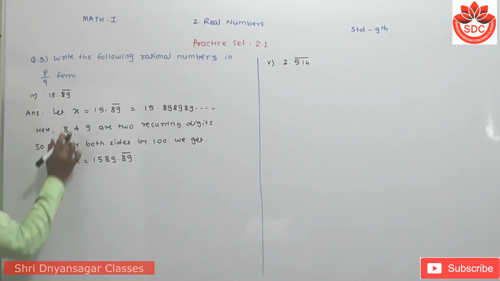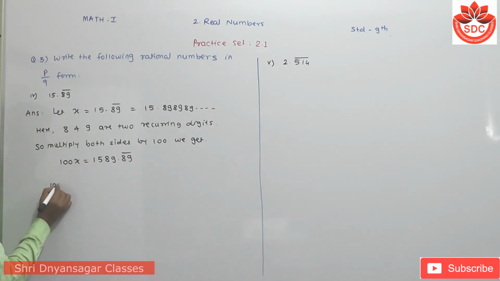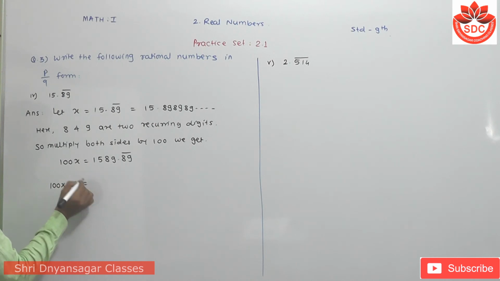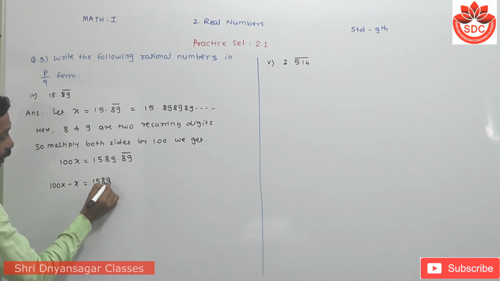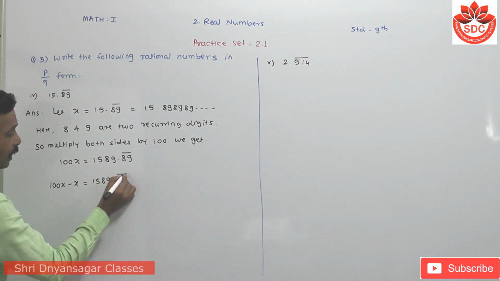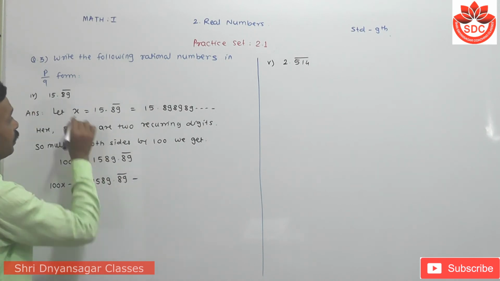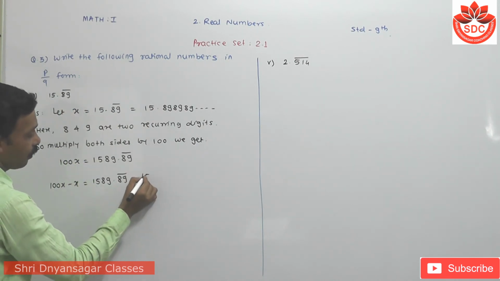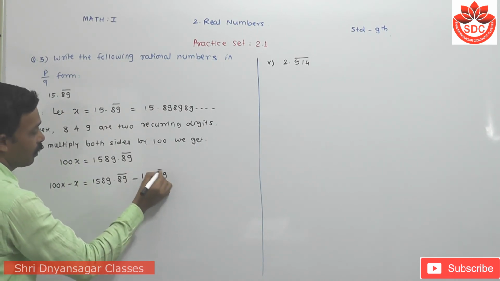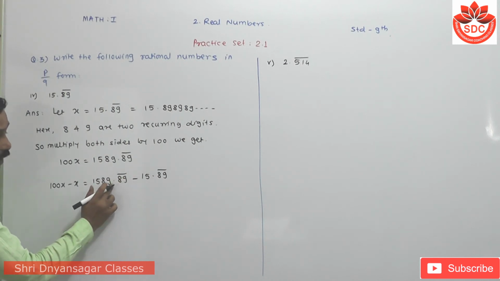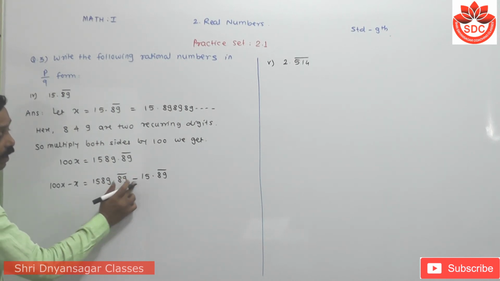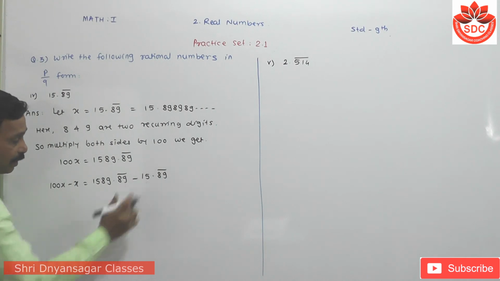Then subtract this x from this 100x, we get 100x minus x, because we want to convert this into p upon q form, so we have to subtract it. So 1589.89 bar minus x, which is 15.89. From 1589.89 bar, we subtract 15.89.